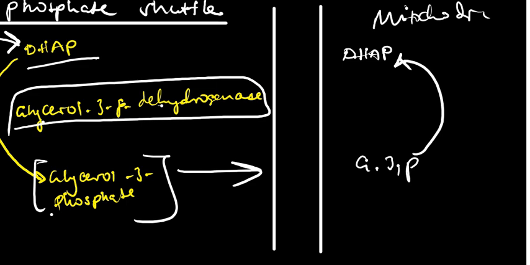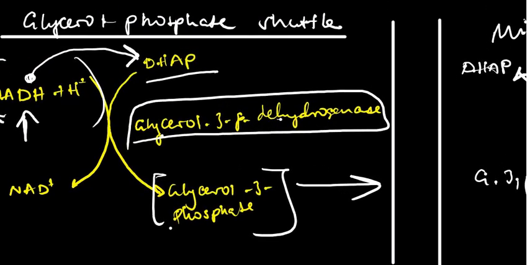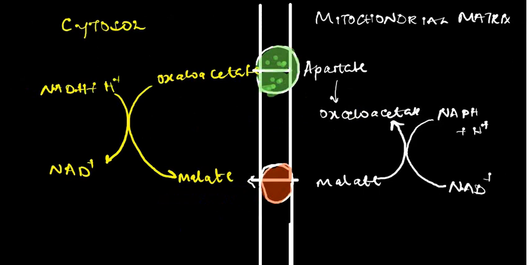The same enzyme that was used to reduce it is used to oxidize the glycerol 3-phosphate. Because of this, the FAD found in the mitochondria is during this reaction reduced to FADH. So this is the whole mechanism of the glycerophosphate shuttle.